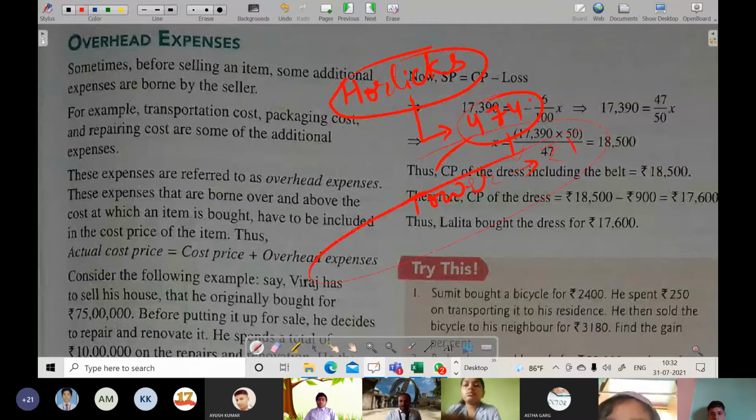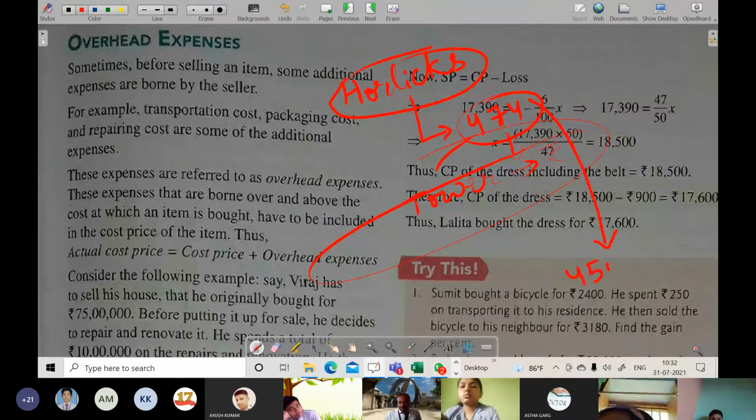Now, when I am buying in the village, I am just giving 450 rupees. Why? Is the person selling me at a loss? No. But his expenditure is not much. He is also buying this at 10% less.